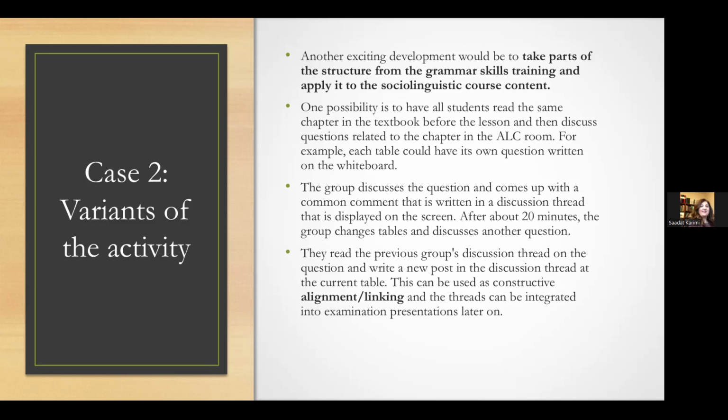They read the previous group's discussion thread on the question and write a new post in the discussion thread as a current table. This can be used as a constructive alignment, and the threads can be integrated into examination presentations later on.